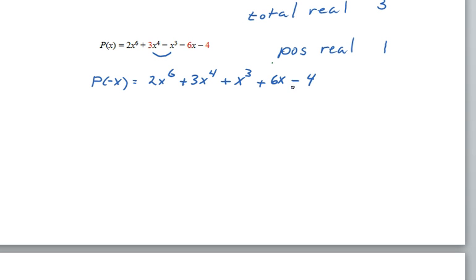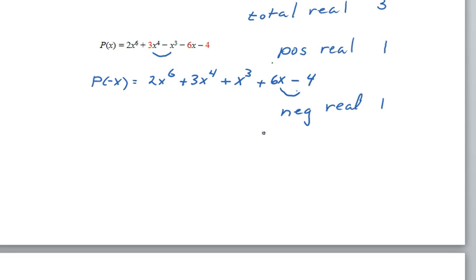So the only change in sign is between the fourth and fifth terms, and so again we have for the maximum number of possible negative reals is 1.